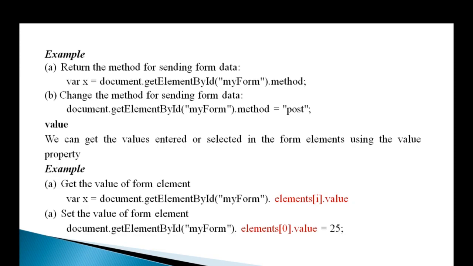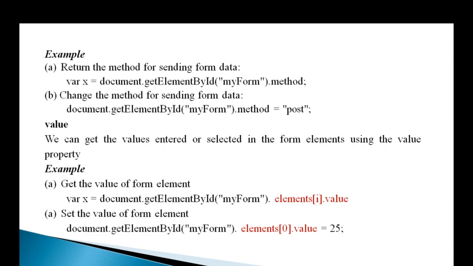Till now we have seen how the form is loaded and the method used for accessing that form. Now we are seeing the value. We can get the values entered or selected in the form using the value property. For that we write elements[index].value. For getting a value from an element we use elements of index, which means either 0, 1, 2, 3, 4 and so on, dot value.